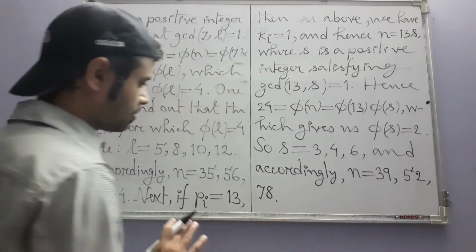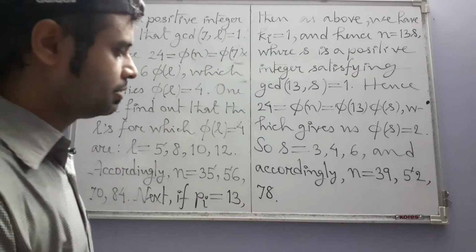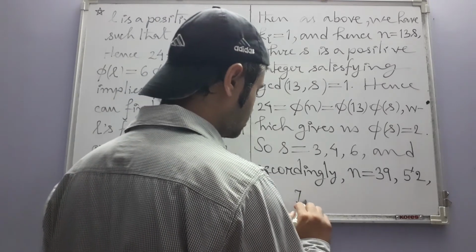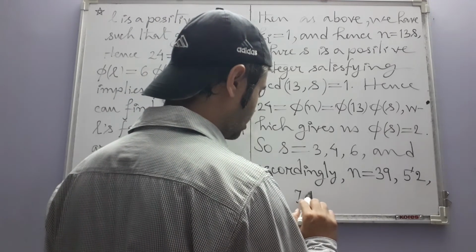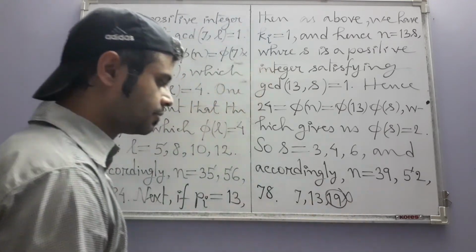Now let us look at what else is there that can happen. Remember how we obtained these cases 7, 13 and 19, of course, which turned out to be a non-possibility.